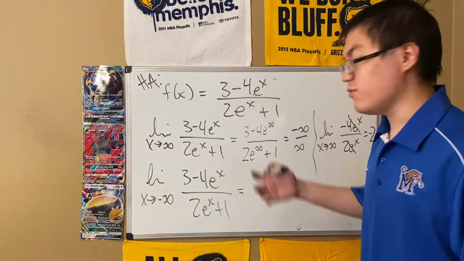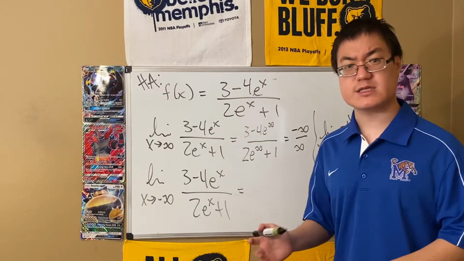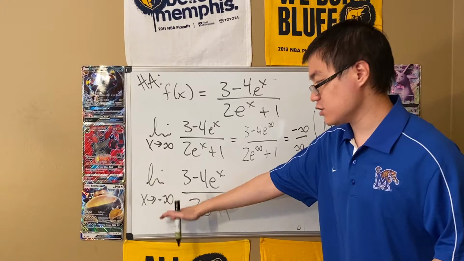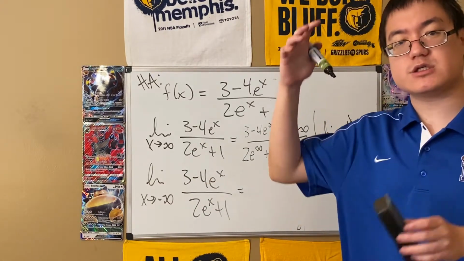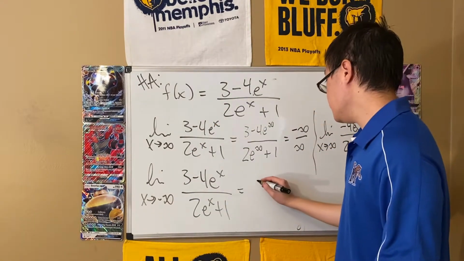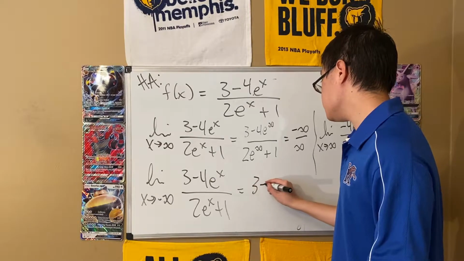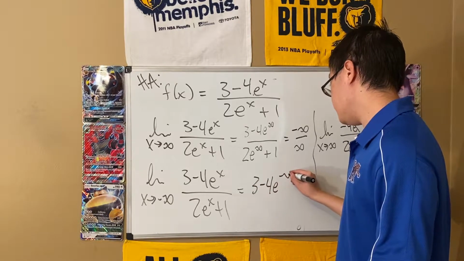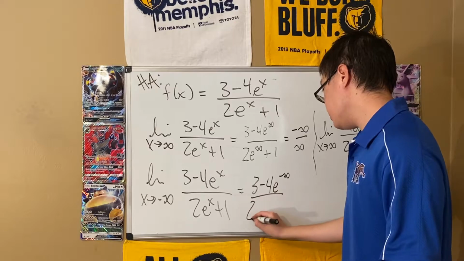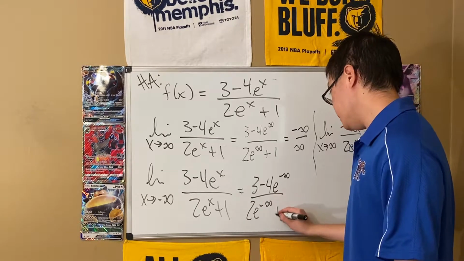Again, when we have these e's, it's a lot harder than saying heavy top, heavy bottom. Let's actually plug in negative infinity, and let's just slowly manipulate it. So in this case, we'll have 3 minus 4 e to the negative infinity over 2 e to the negative infinity plus 1.